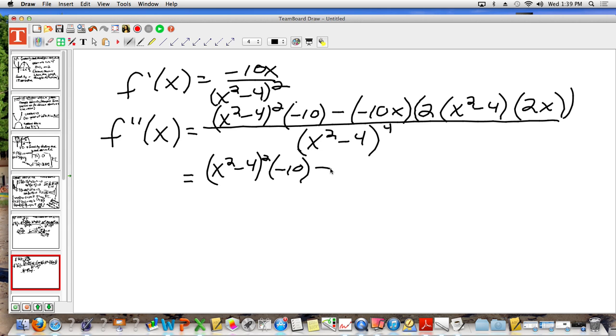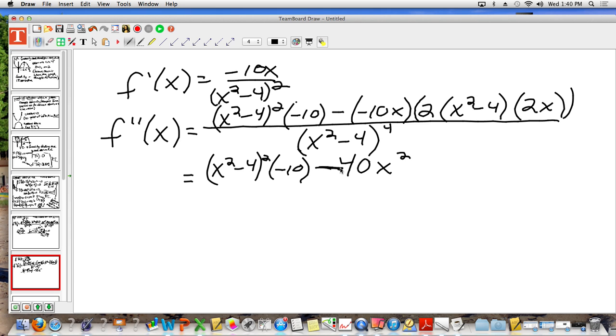So we have a minus sign. What is negative 10x times 2 times 2x? Negative 10x times 2 is negative 20x, times 2x is negative 40x squared. What do these two negatives get me though? Positive.